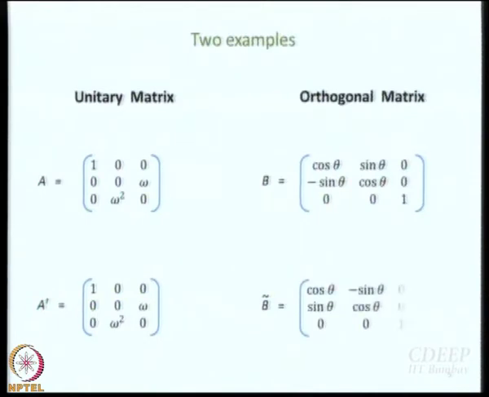Yes, that is right. X, Y, Z with X, Y, Z as the basis. Rotation by theta plus and minus. Fine. So they are orthogonal.